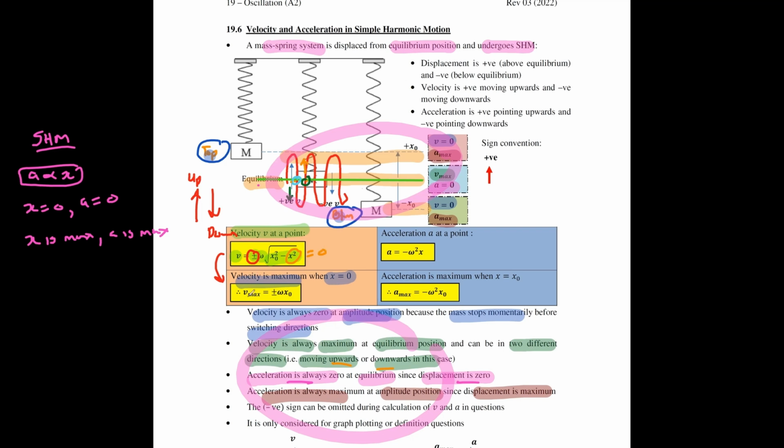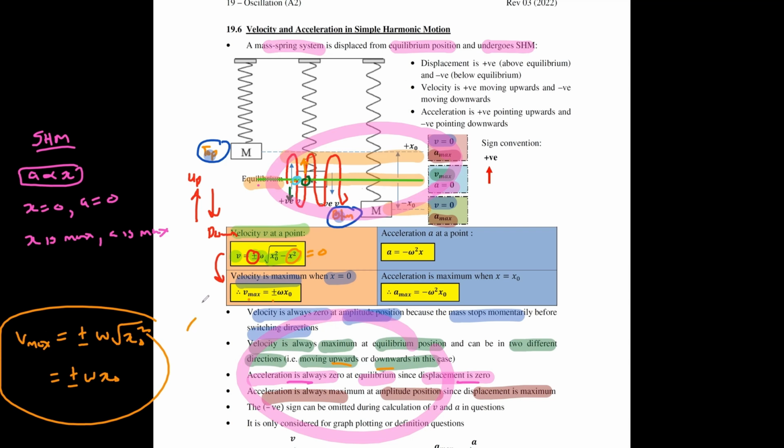Your entire expression will now simplify to Vmax equals plus minus omega x naught. Because if you do this, you're going to get plus minus omega x naught squared, and this one will become plus minus omega x naught. So this is velocity maximum. Again, you have the positive and negative sign there to take into account that you could have two different directions when it comes to maximum speed. So this is for velocity.